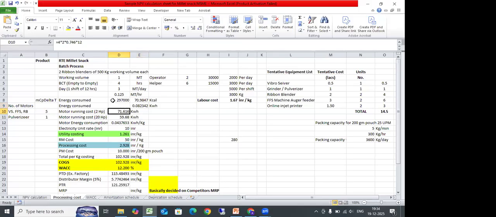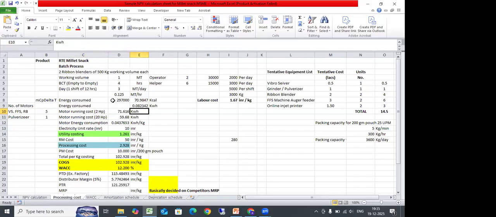Then I have taken the motors into calculation: the motors of the ribbon blenders, and one pulverizer. I have taken 5 motors, 2 for the 2 ribbon blenders, 1 for the vibro sieve, 1 for the FFS machine, and so on, plus 1 pulverizer motor. The pulverizer motor is higher, 20 HP; the remaining I have considered as 2 HP.